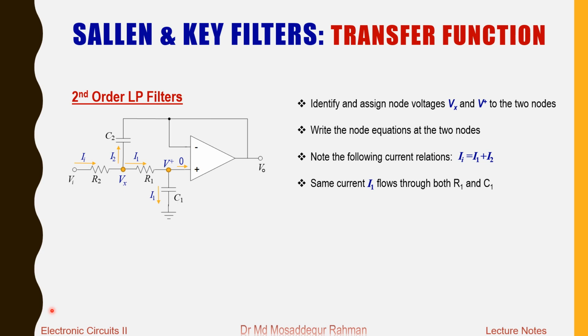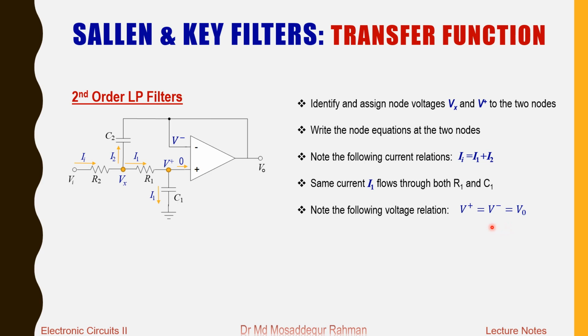Now there are also some voltage relations here. Because of the virtual short circuit condition that applies to an ideal op-amp, we are assuming the op-amp to be ideal, V plus will be the same as V minus. And since the inverting input terminal is shorted to the output terminal, V minus will be the same as V naught. So we can write that V plus is the same as V minus, which is the same as V naught.